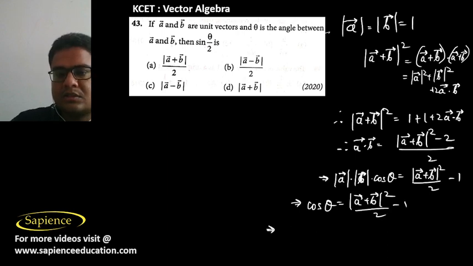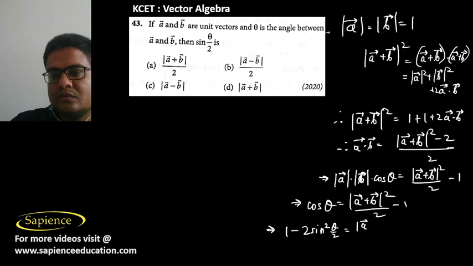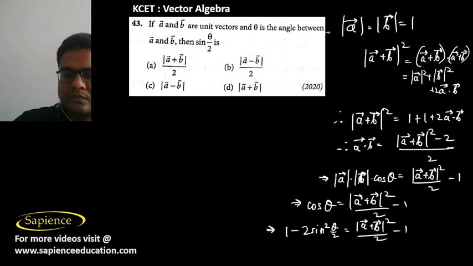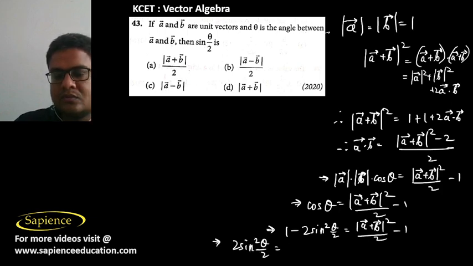Now cos theta is 1 minus 2 sine square theta by 2. Therefore, sine square theta by 2 is equal to 1 plus 1 minus mod of a plus b whole square, by 2.